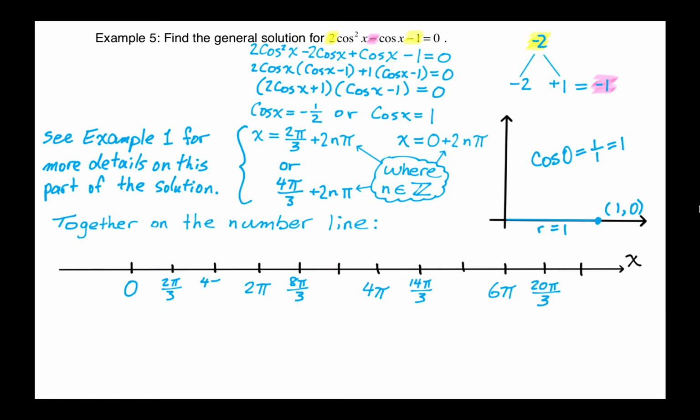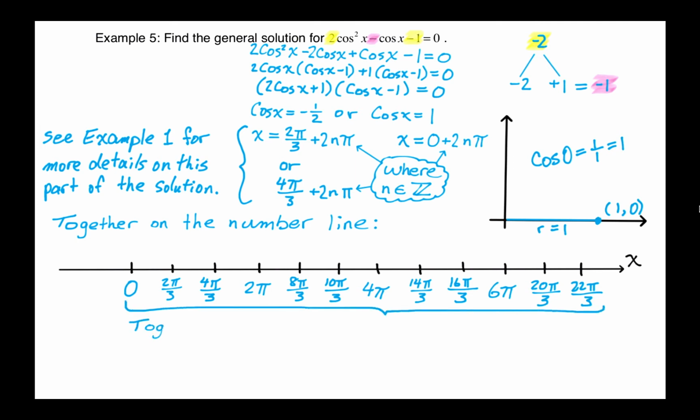And then we've also got 4 pi over 3 plus 2 pi plus 2 pi plus 2 pi. And what you realize is that when you put them all together on the same number line, this whole thing together, it forms a single arithmetic sequence.